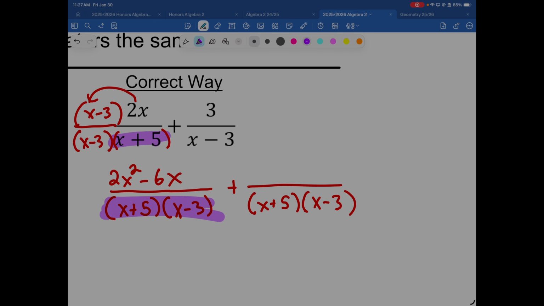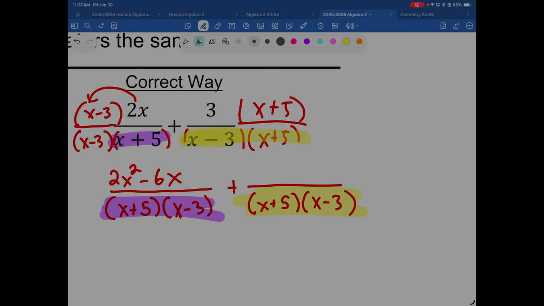Now we go to the second one. Second term, we've got x minus 3, but the new denominator is x plus 5 and x minus 3. So that means I need to multiply this one by x plus 5 in both the numerator and the denominator.